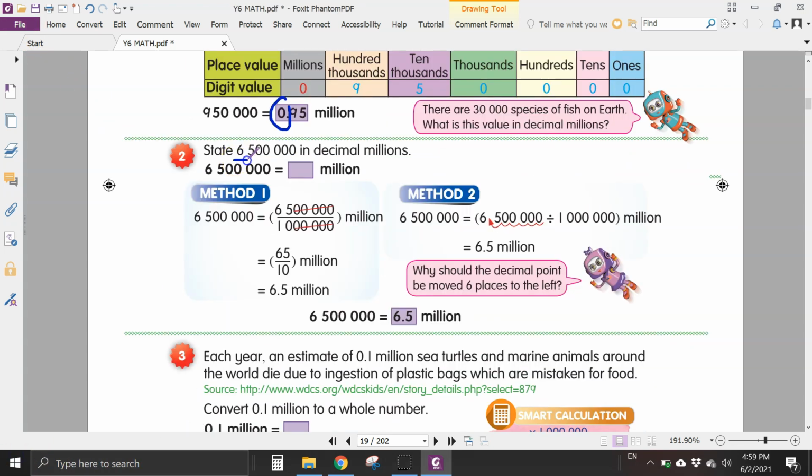State 6,500,000 in decimal million. Like what I did just now, I divide it by a million. So you can cross the equal number of zeros. Potong sifar yang sama bilangan.